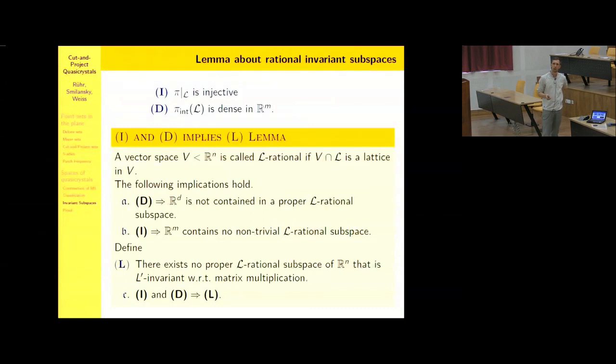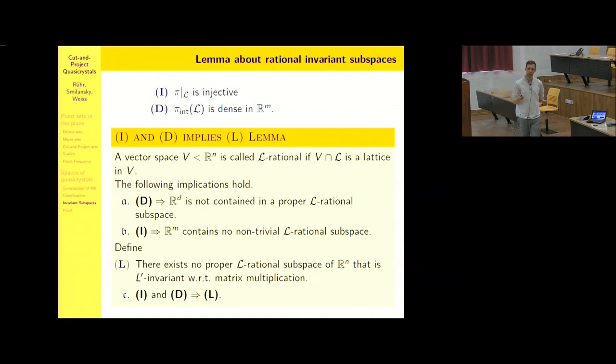Okay, so the important thing is the following lemma, which will tell you how these assumptions nicely come into play. I'm going to introduce some more notation. I'll call a vector space in R^N L-rational if L intersects it in a lattice.